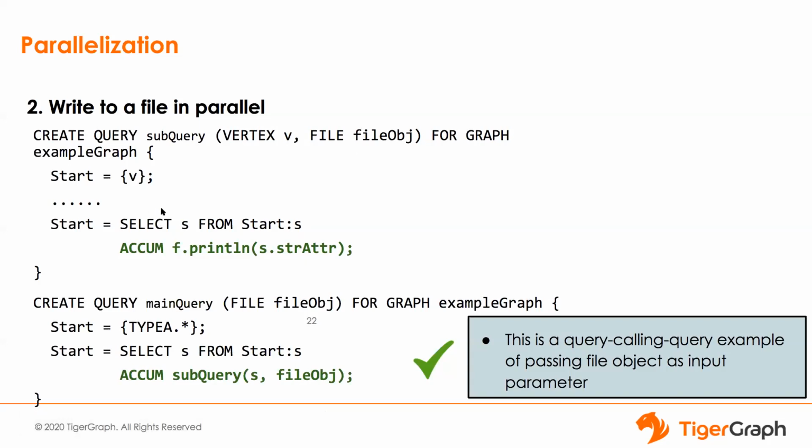This works especially if you have more complex logic in your subquery and you want to print something out from there. Then this will help you improve the file output performance effectively. Okay, so that's all I want to talk about for parallelization.